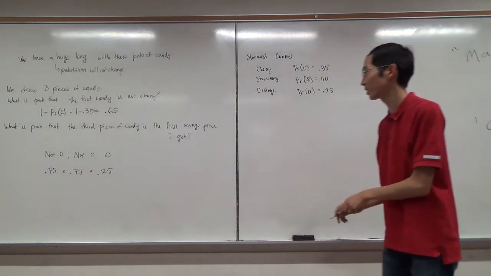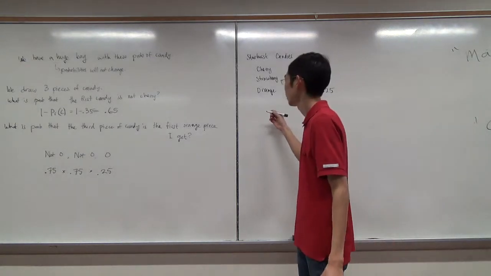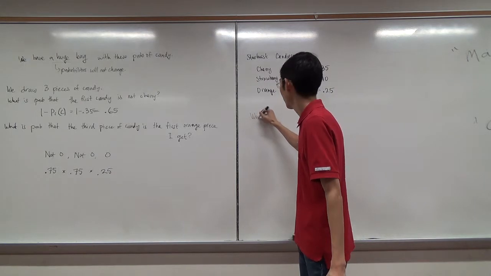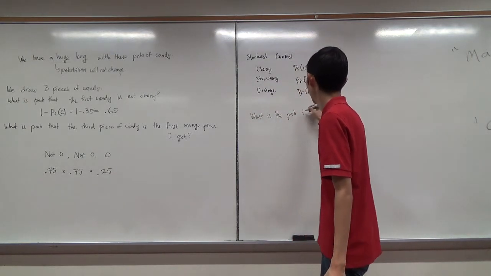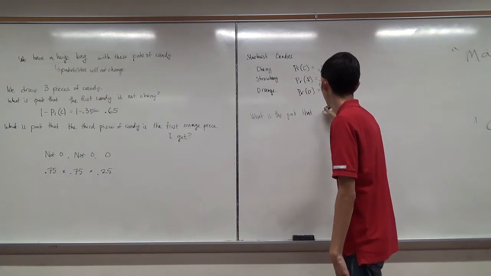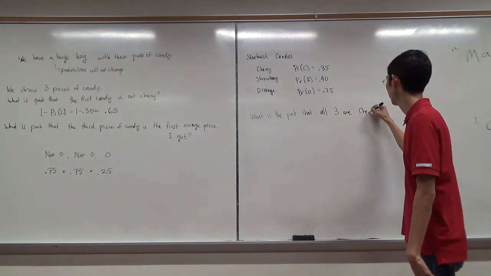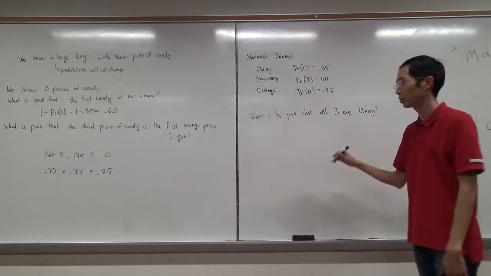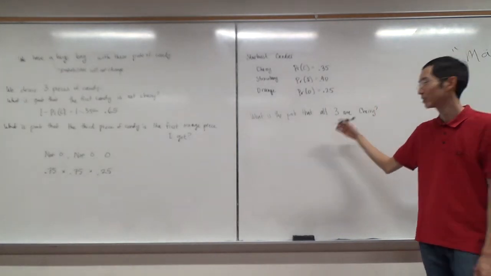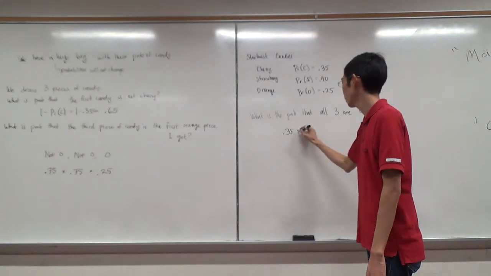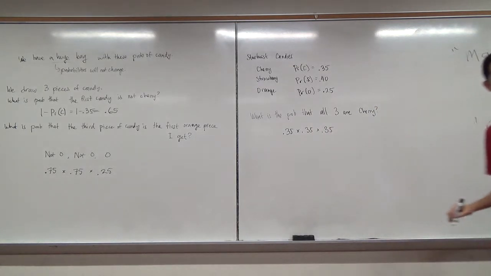Let's see, what else could I ask? What is the probability that all three are cherry? 0.35 times 0.35 times 0.35, right? If we're drawing three pieces of candy.